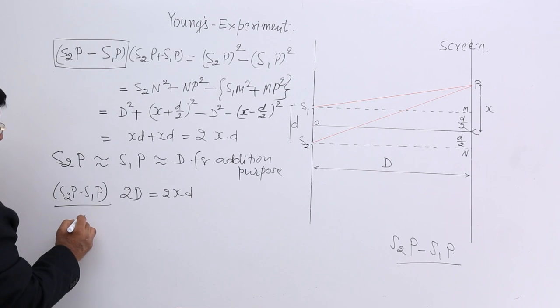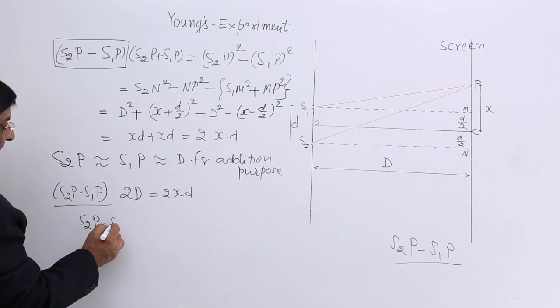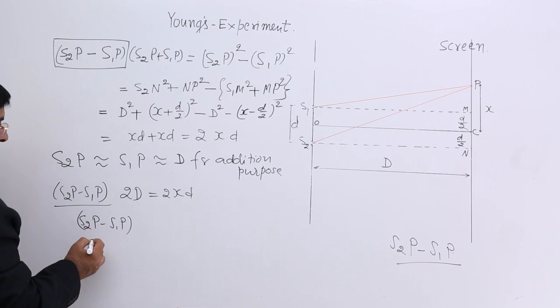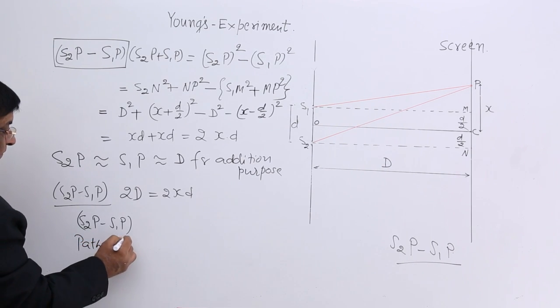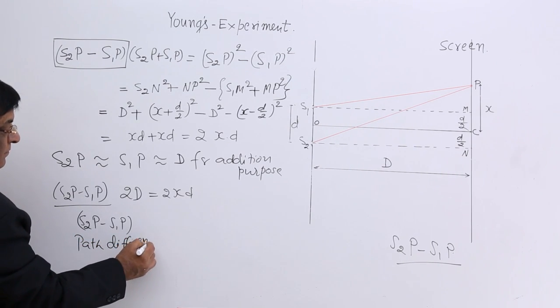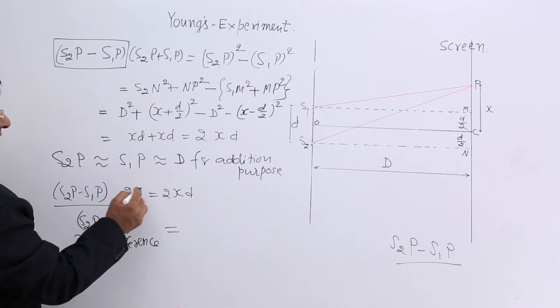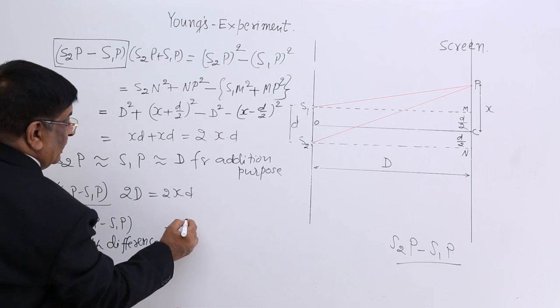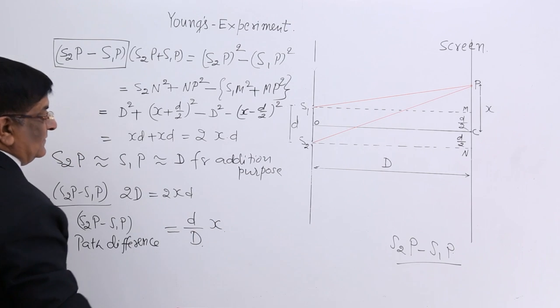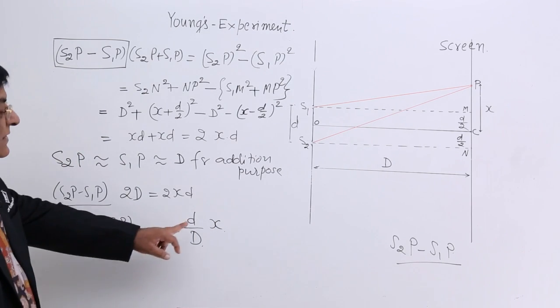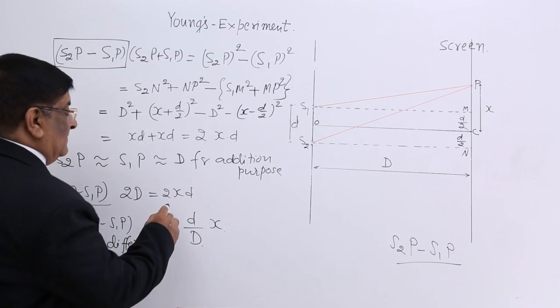So path difference S2P minus S1P is equal to, taking it to this side, d upon D into x. This is the path difference formula.